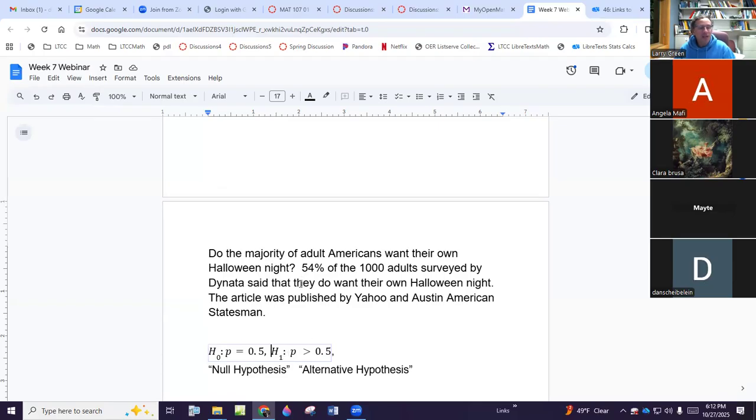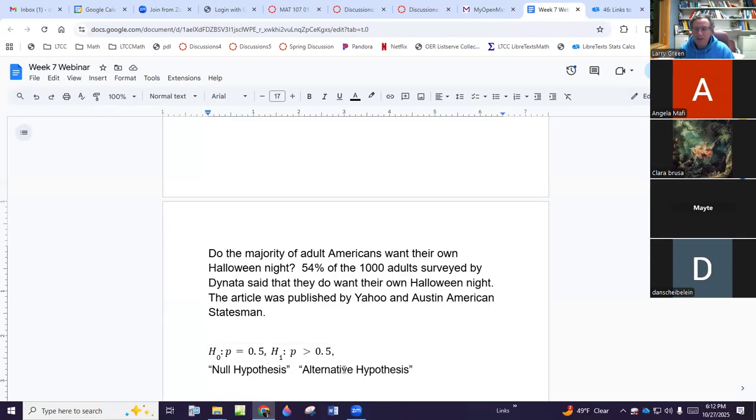And the majority means you're more than 50%. So P, the proportion, is greater than 0.5. That's called the alternative hypothesis. The alternative hypothesis is what you're trying to show is true. The null hypothesis is the other side.